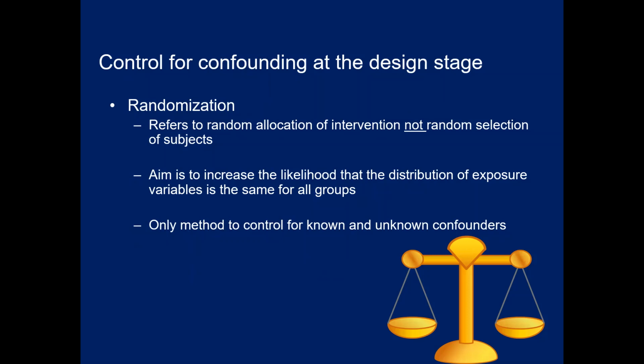So we would randomly allocate, and on average the age would be the same between the two groups, or we would hope to balance out the sex or the parity or whatever other factors that we may consider to be potential confounders.